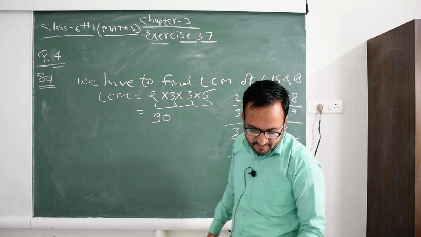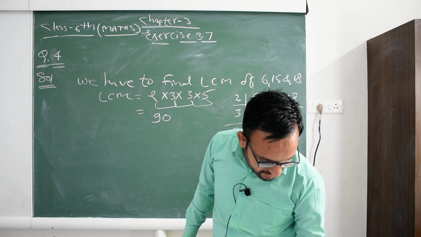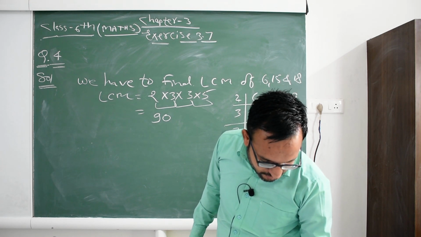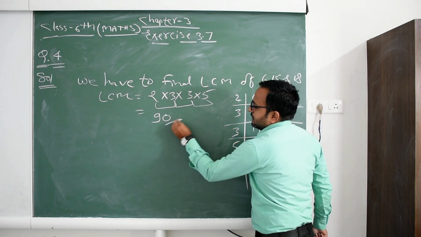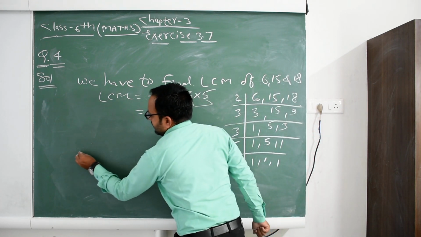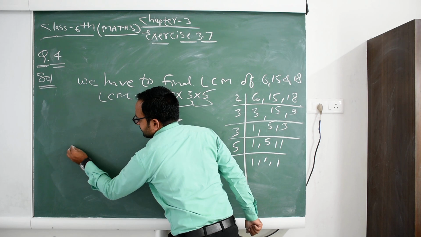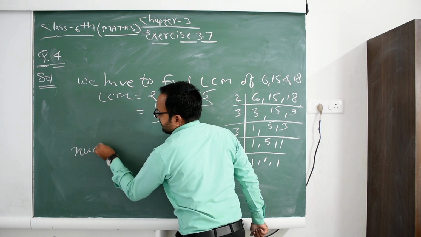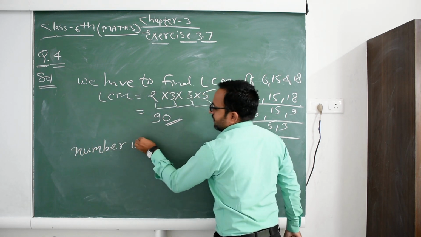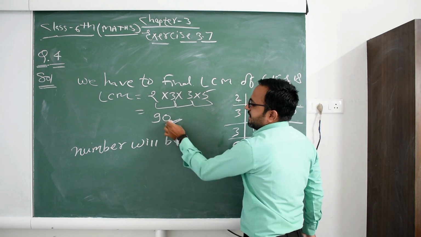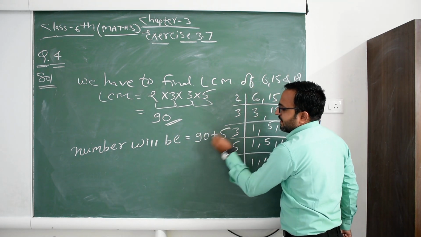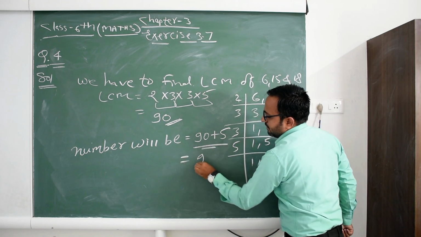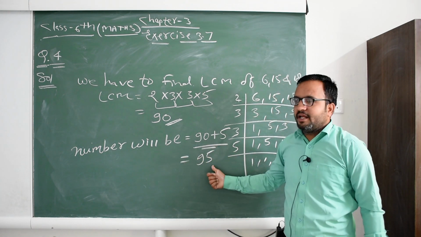But what do we have to find? The least number that leaves the same remainder in each case. So 90, the number will be with remainder 5, so we have to add 5, so the number will be 95.